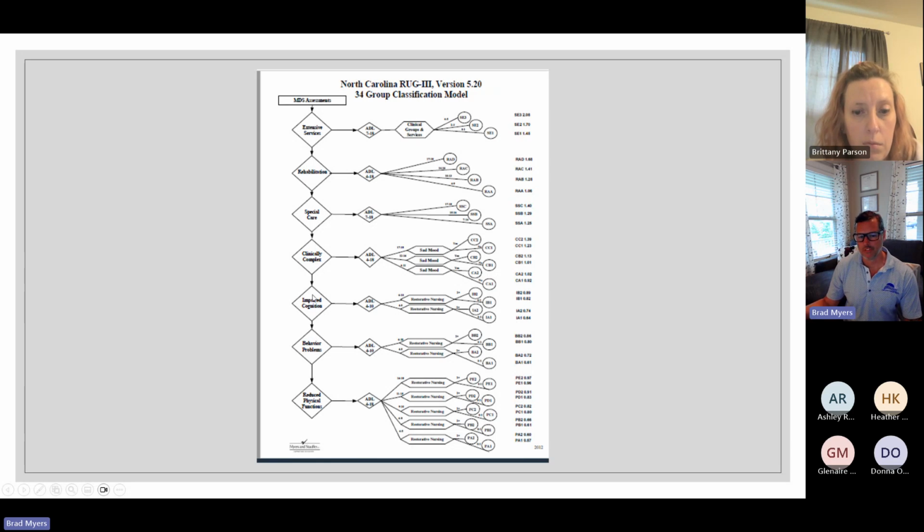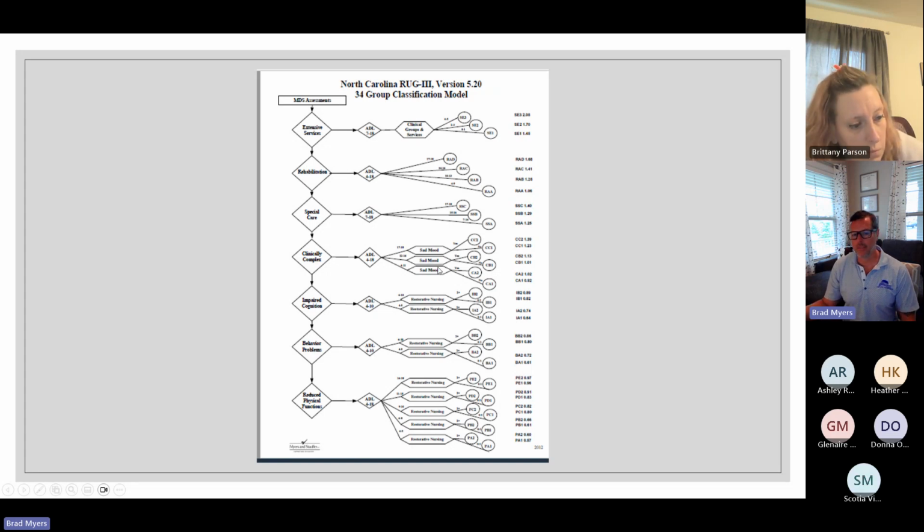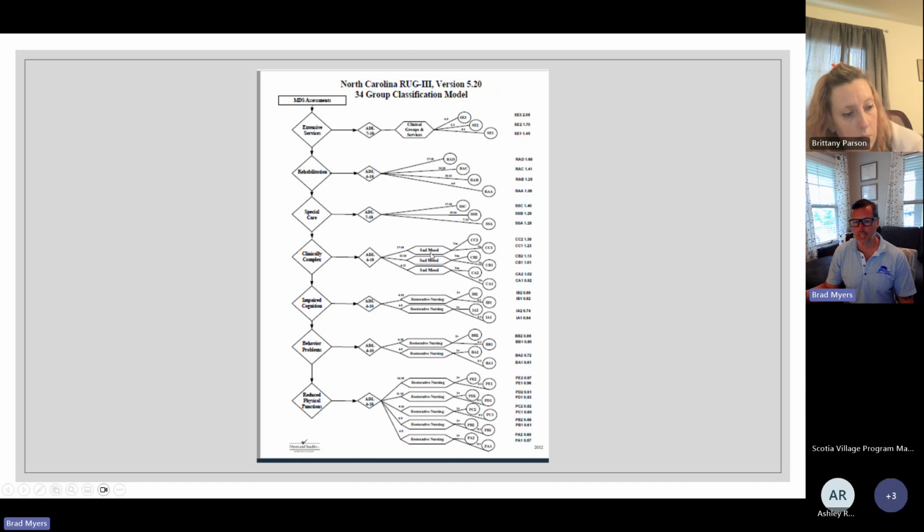But when we're going from the left column, which is the RUGs, over to the second column with the diamonds, a lot of times the RUGs are affected by ADL. Well, they're always affected by ADLs. And if you keep moving over to the right, they can be affected by other things such as restorative nursing, whether or not they are triggering for depression on the PHQ-2 or the PHQ-9, and other clinical indicators up in extensive services.